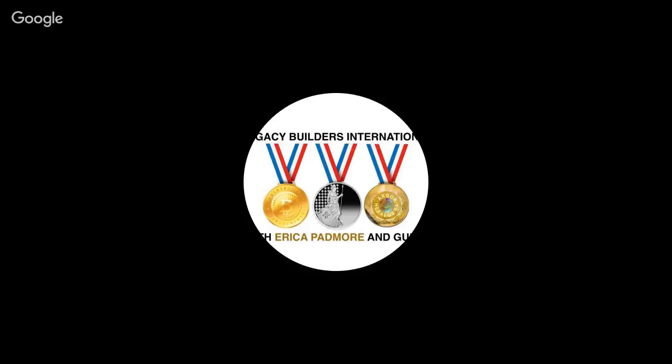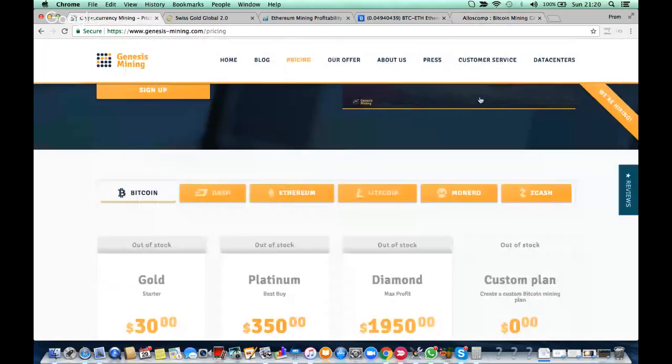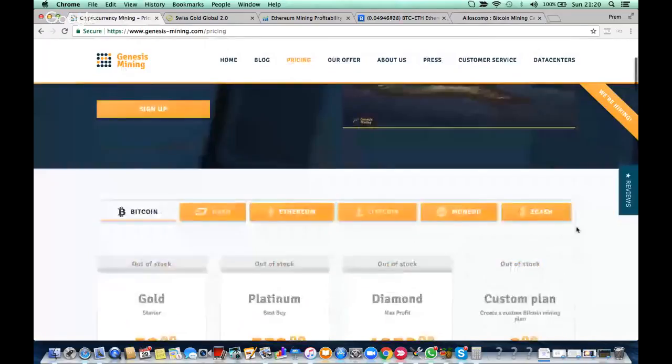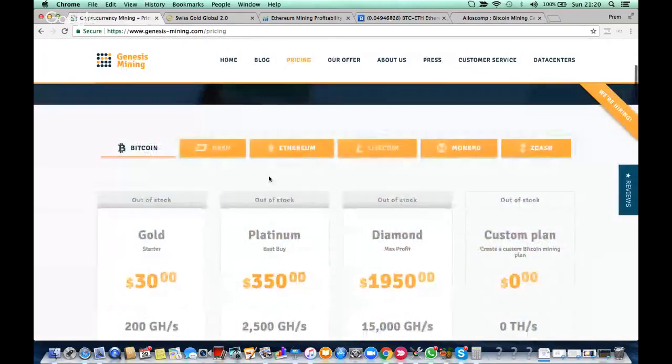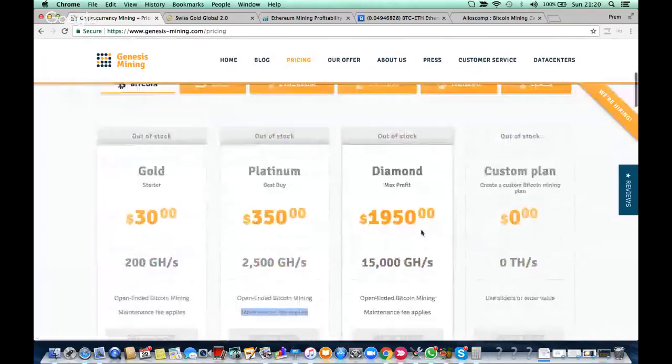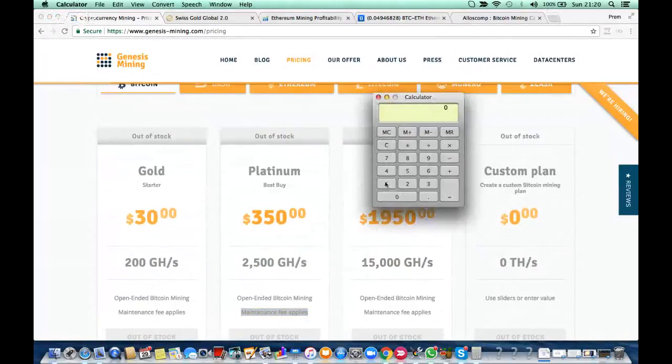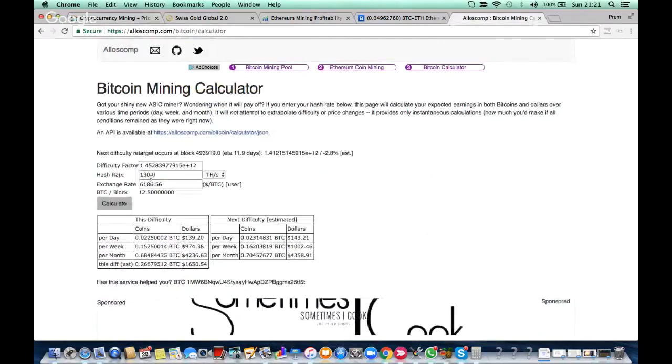Why? So how much are you paying for that 130? Yeah, it's again very easy to calculate. Bitcoin here, you've got 15 terahash costs $1950, right? So $1950 divided by 15 terahash should be 130. 130 per terahash is the dollar amount, and we needed how many? We needed 130 of them.